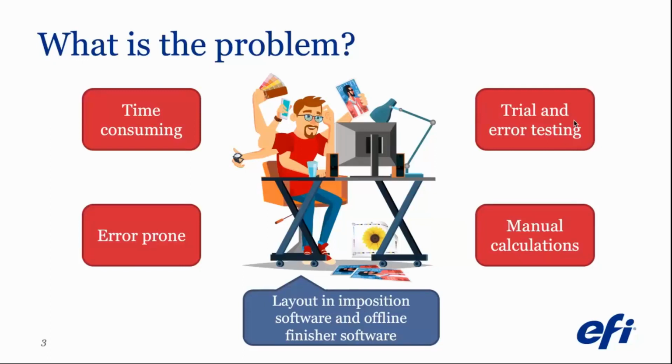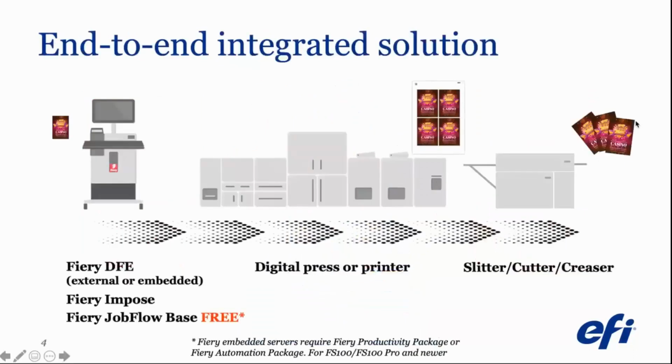Yeah, I have to agree to that. I think we definitely want to eliminate all the time-consuming and duplicated manual steps for operators when preparing a job, from imposition to setting up the final finishing cuts using slitter, cutter, creaser in the end, right? And to do this, we gave Fiery Impose the knowledge of the finishing device.